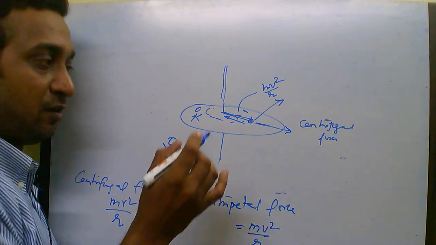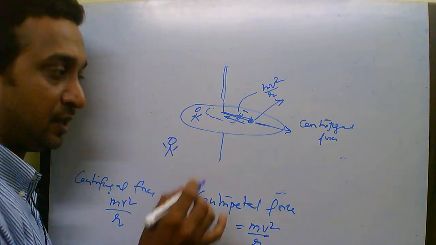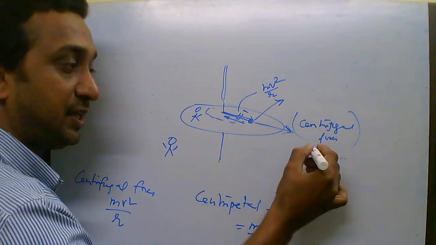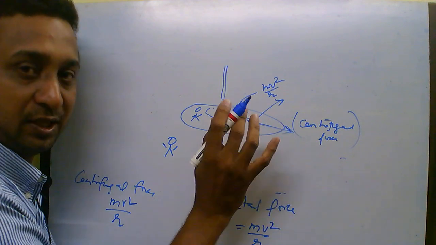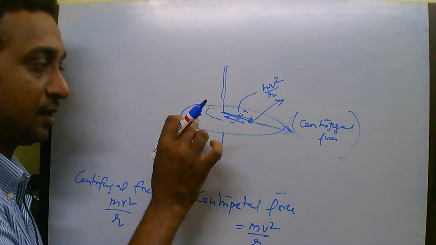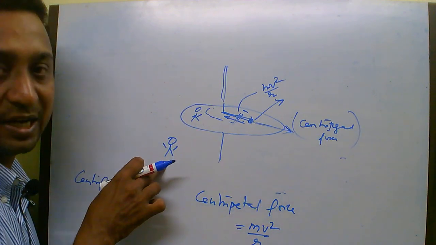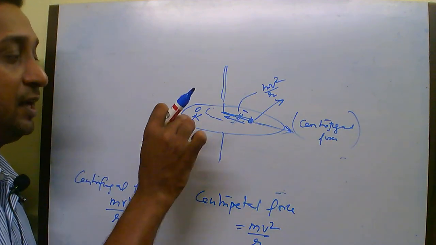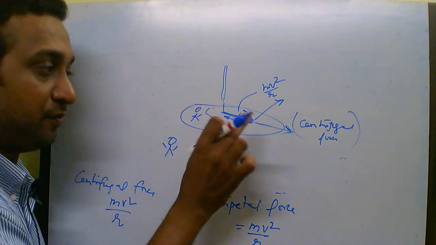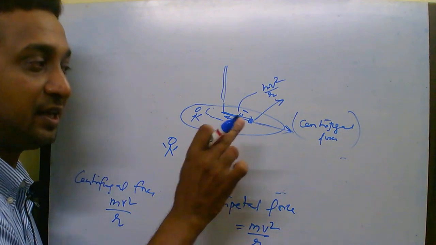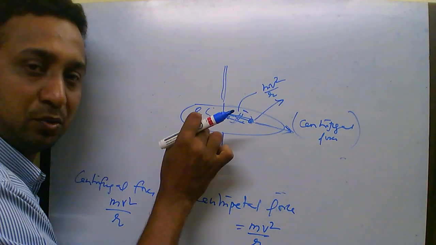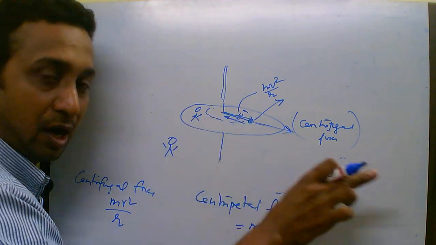How can he justify that? Once the string is broken, he sees the body moving radially outward because of the centrifugal force which he assumed. So even though centrifugal force is not a real force, we must assume that such a force is acting whenever a body is experiencing a centripetal force. The person standing outside doesn't feel the presence of centrifugal force, but the person on the disc, who sees the body tied to the string, will get his calculation correct only if he assumes a force acting in the opposite direction, because the body is being pulled towards the center but is not coming towards the center, so some other force must be pulling it outwards.